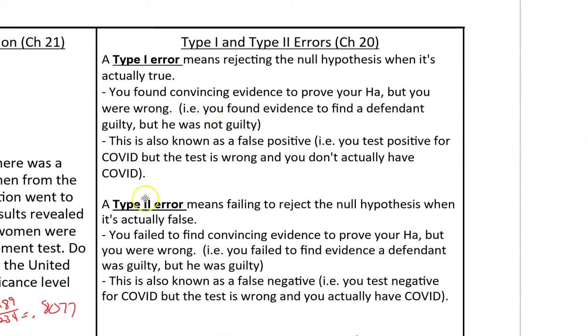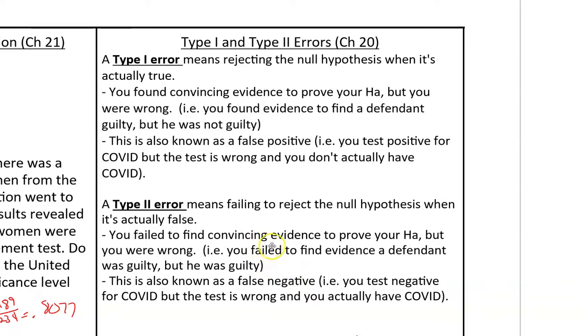Next one's a type 2 error, which means you failed to prove what you were trying to prove. You failed to reject the null when the null was actually false. So you failed to find convincing evidence, but you were wrong. A good example is you failed to find evidence the defendant was guilty, but he was guilty. So this is known as a false negative.